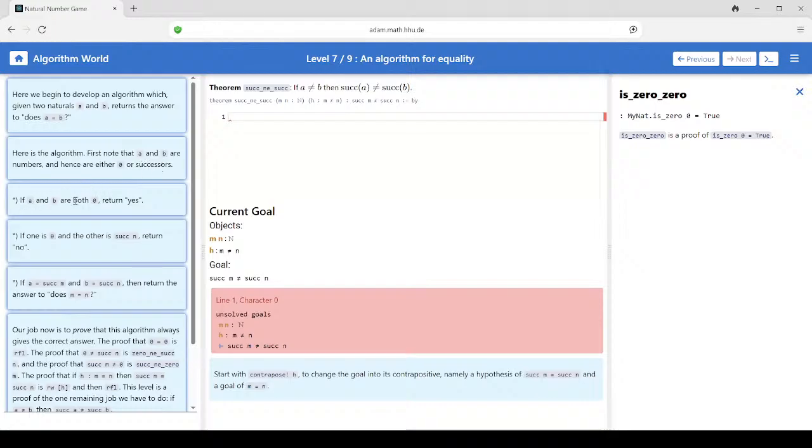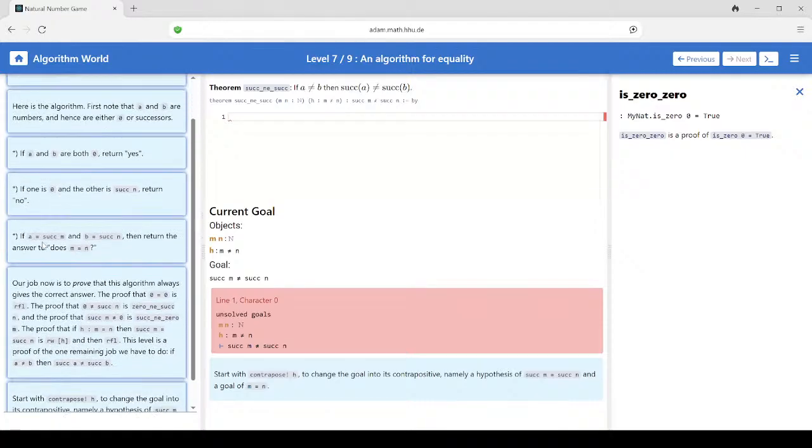If A and B are both 0, return yes. If one is 0 and the other is the successor of n, return no. Okay, yeah, that makes sense. If A equals the successor of m and B equals the successor of n, then return the answer does m equal n.